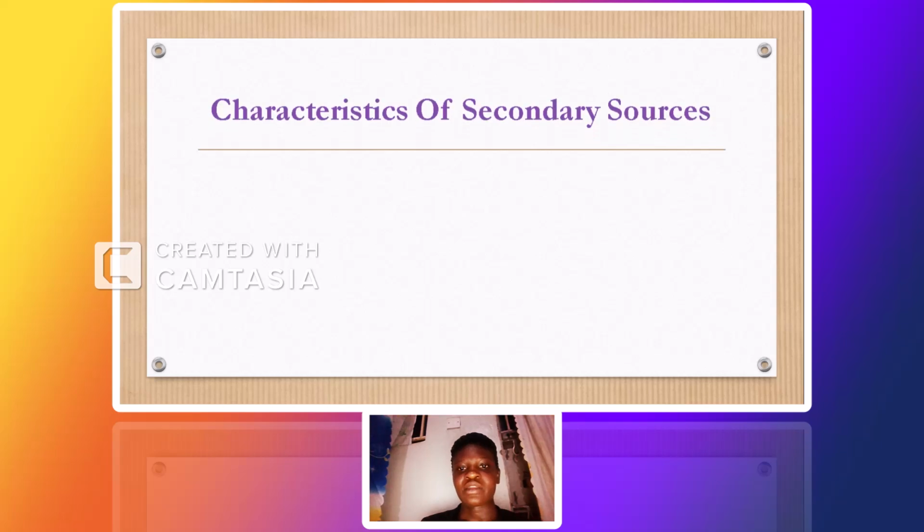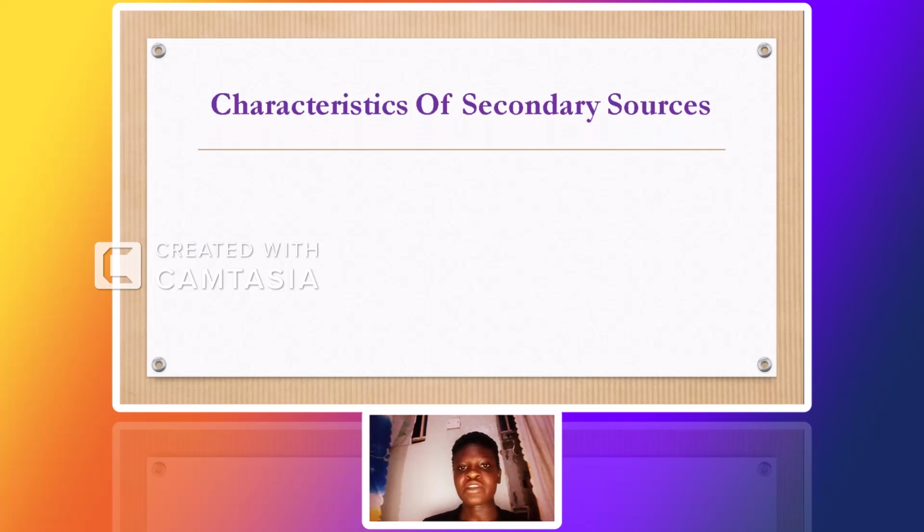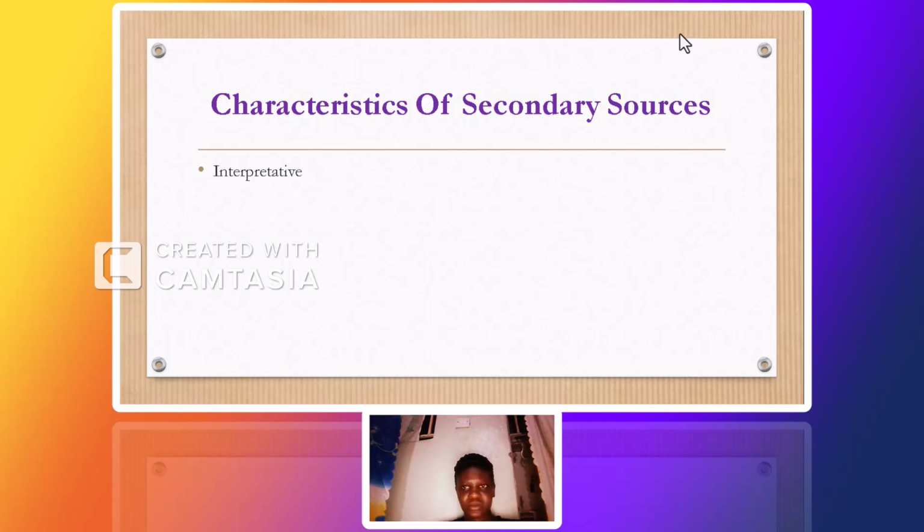However, these secondary sources have various characteristics, and the characteristics include being interpretative. Secondary sources offer interpretation of various primary sources. That's why we named it interpretative.